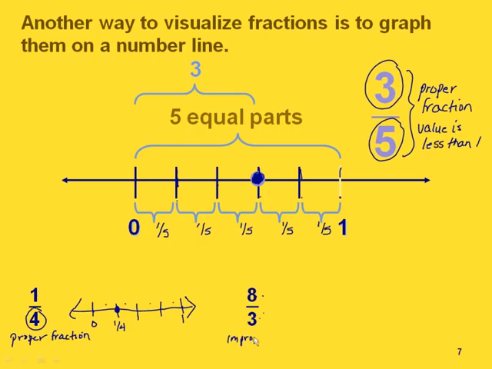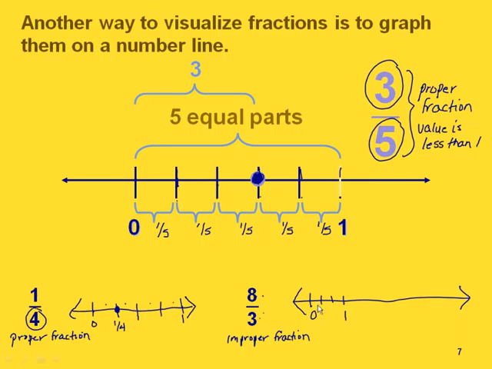This one, 8/3, is actually an improper fraction because the 8 in the numerator is bigger than the 3 in the denominator. So when we graph one like this, we're still going to start at 0. And let's just start marking off equal parts. So there's 1, 2, 3. And notice that since 3 is our denominator, each time we have 3 equal parts, that gives us a whole number.